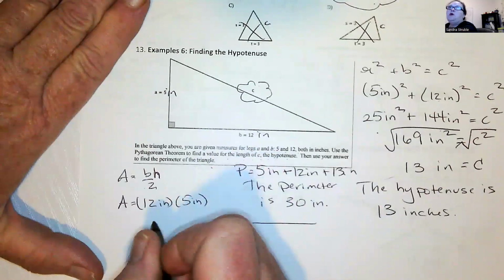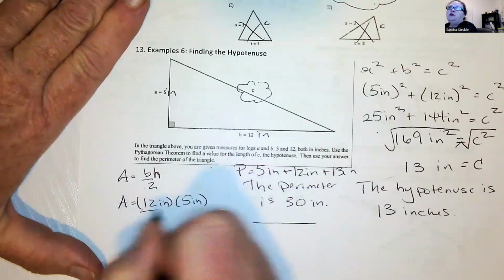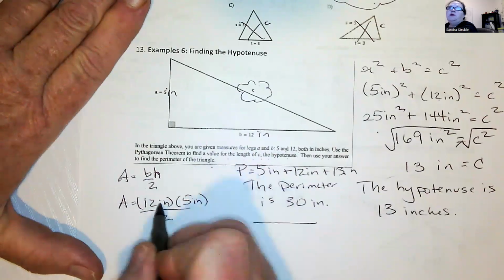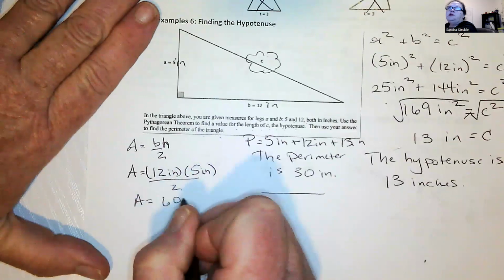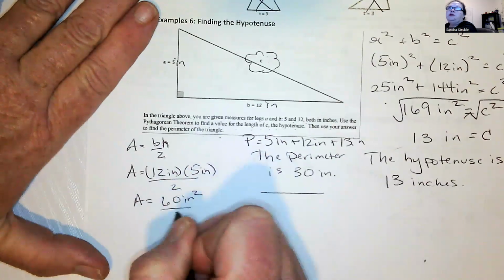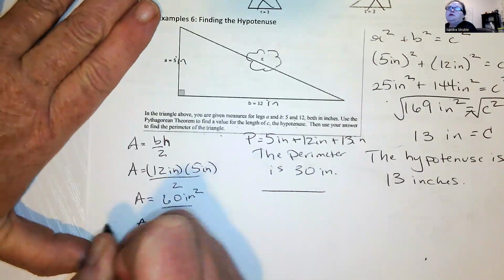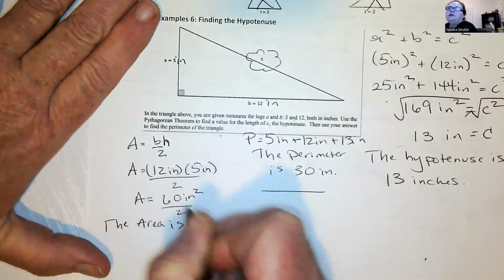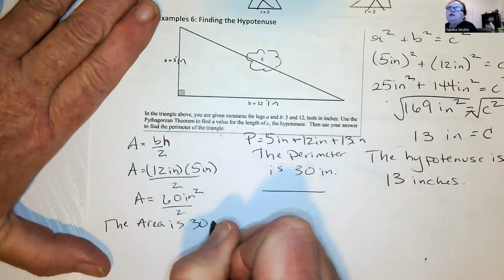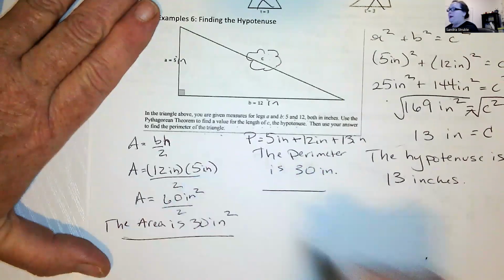If you're ever in doubt, it's always going to be the legs, not your hypotenuse. So 12 times 5 is 60 inches squared divided by 2. So I'm just going to write the area is 30, 60 divided by 2 is 30 inches squared. Okay.